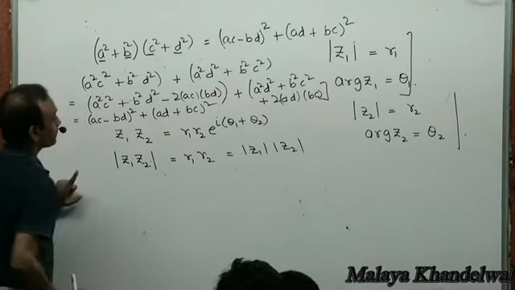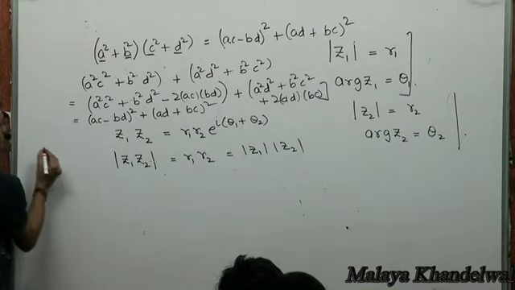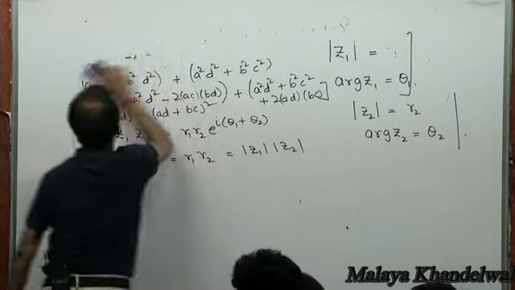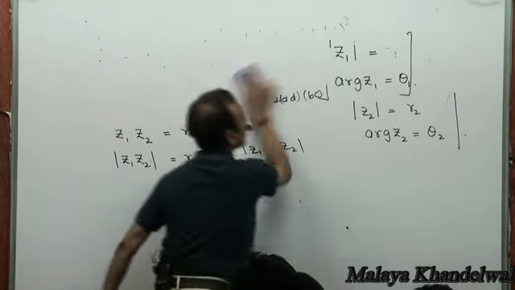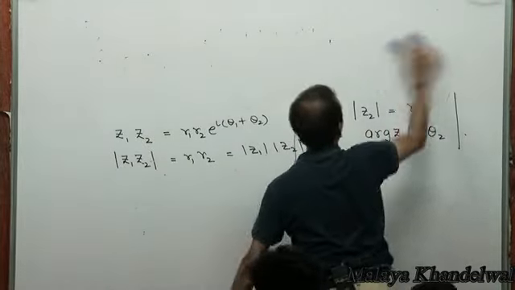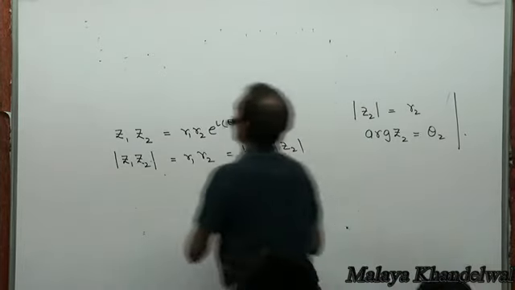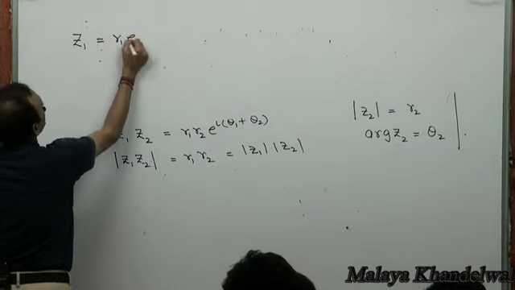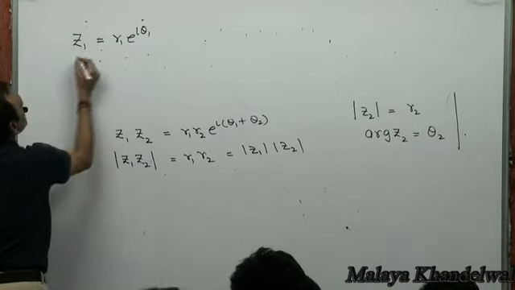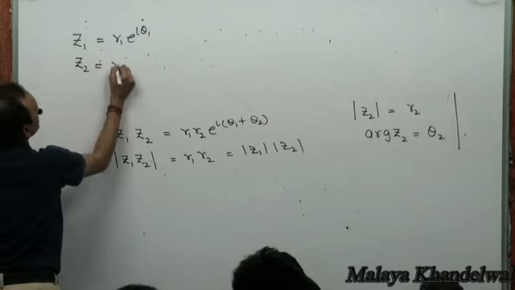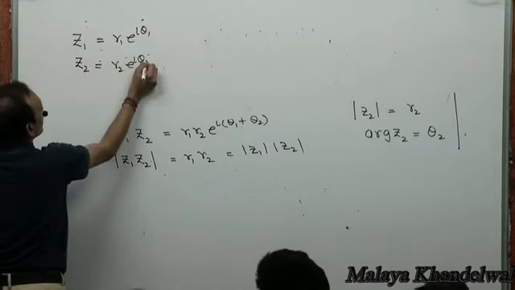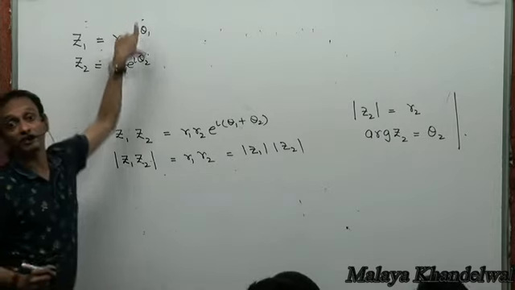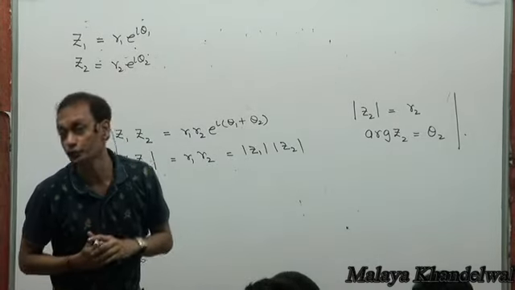Now let me remove the clutter from there. So I had z1, which was r1 e power i theta 1, and z2, that was r2 e power i theta 2, where r1 and r2 were their respective moduli, and theta 1 and theta 2 were their respective arguments.